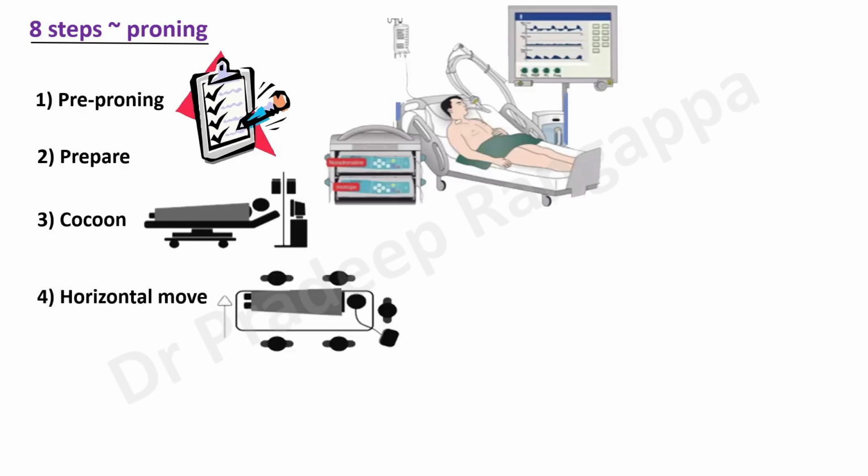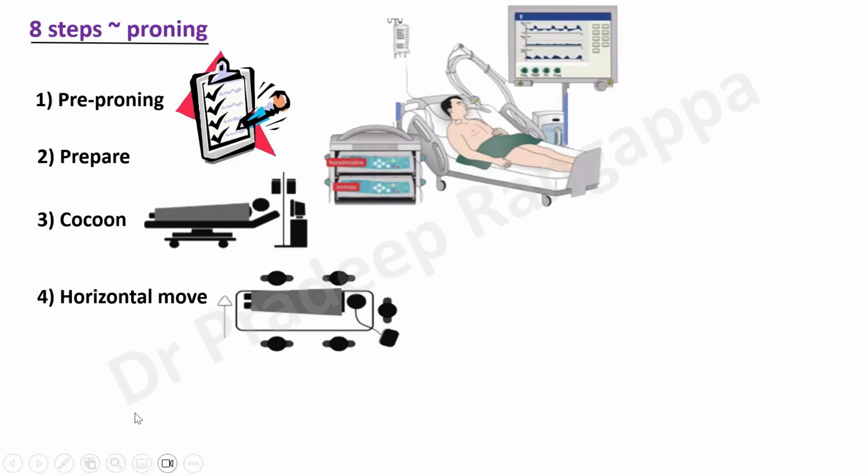The fourth one, I'm sure most of you would know, is the horizontal move. When you're proning, you have to take them through 3 steps. One is you move the patient to one side of the bed. That is a horizontal move. All this happens with at least 4 to 5 personnel present, and the most important person would be the one at the head end, who is taking care of the airway.